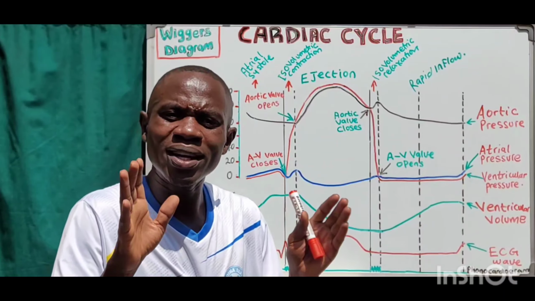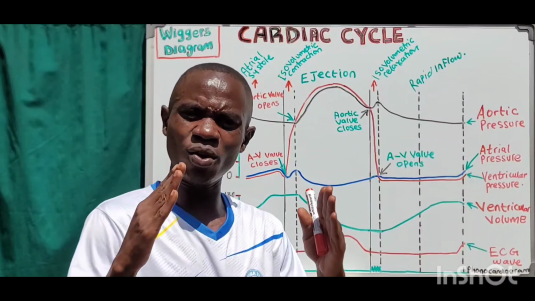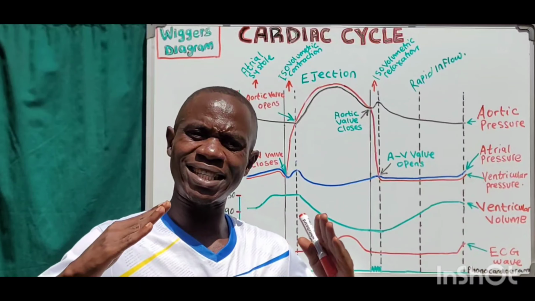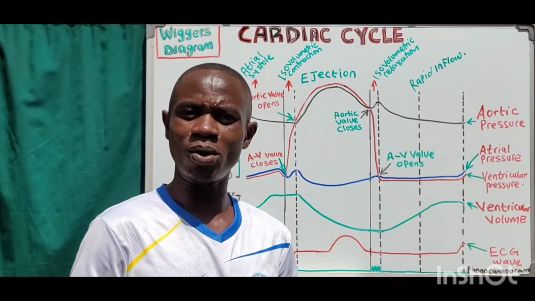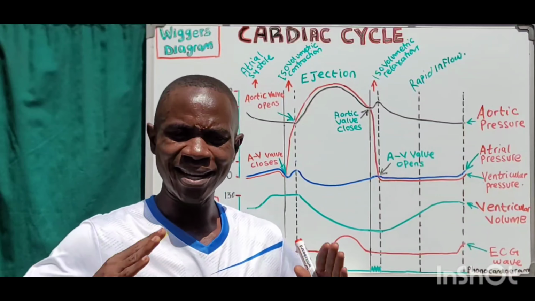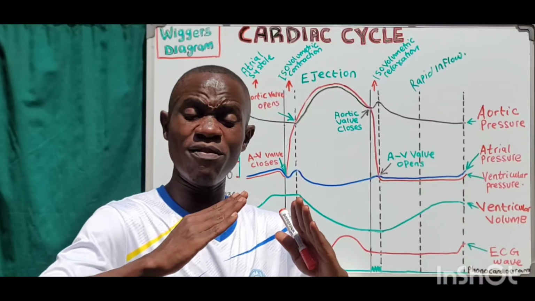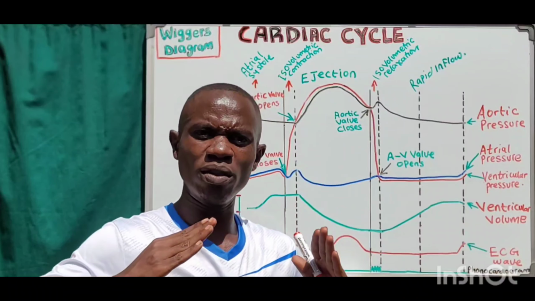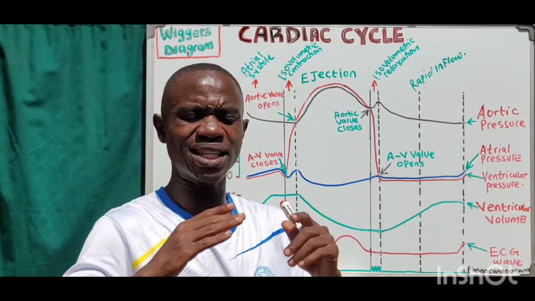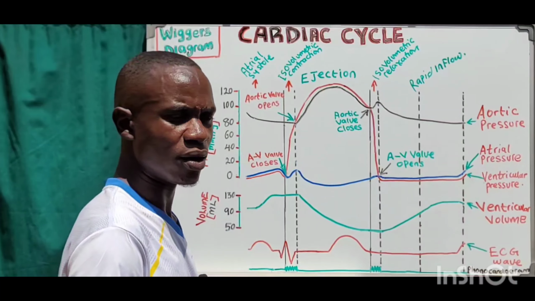This is telling us that slight increase in the pressure as the AV valves are closing and they slightly protrude into the right atrium and also the left atrium. So that protrusion of these AV valves as they close, the force which they exert in those chambers, causes that slight increase in the atrial pressure.